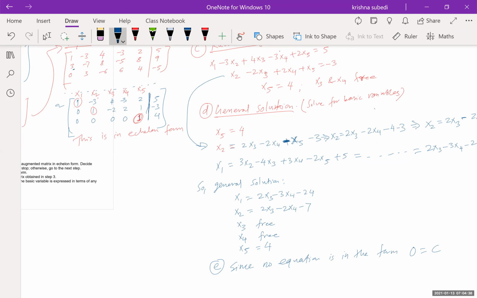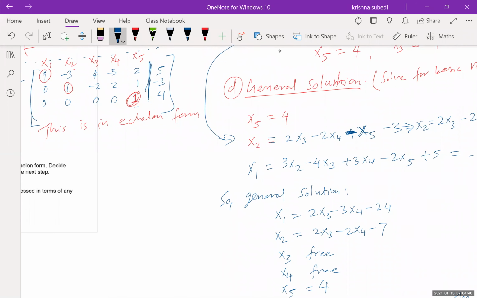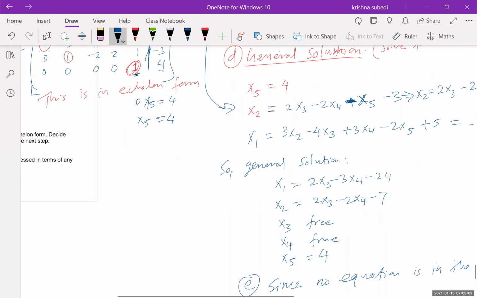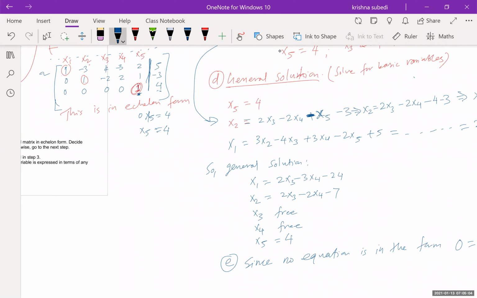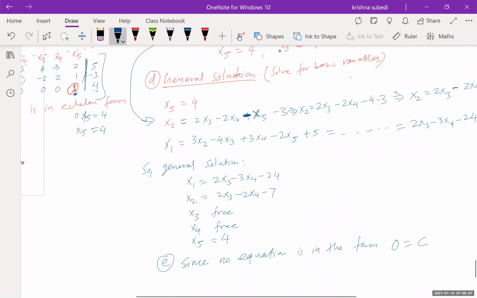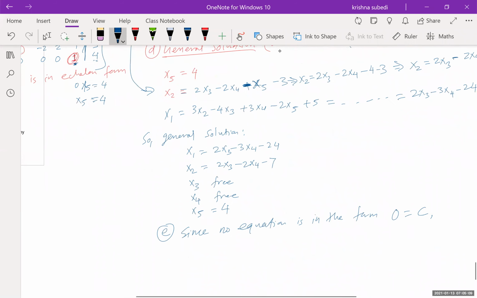Remember, what we discussed in our last class is that if there is 0 here and then on this side 4, then 0 equals 4 is impossible, because 0x5 equals 4 is impossible, but x5 equals 4 is possible. So unless you get 0 on the last row and a non-zero number there, the system is consistent. So since no equation is in the form 0 equals c, the system is consistent.